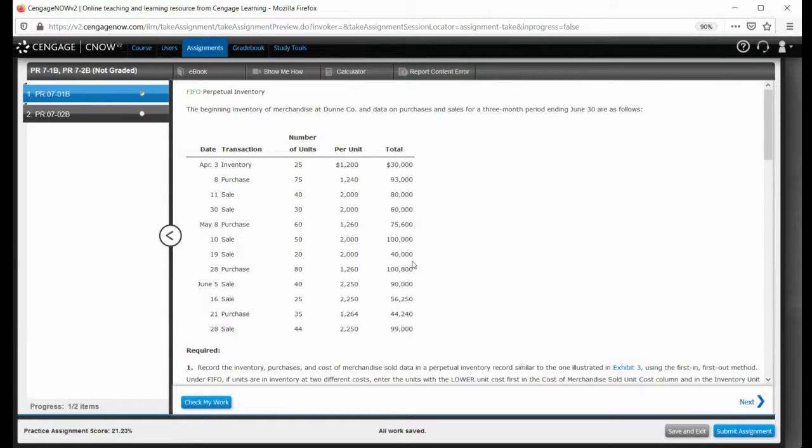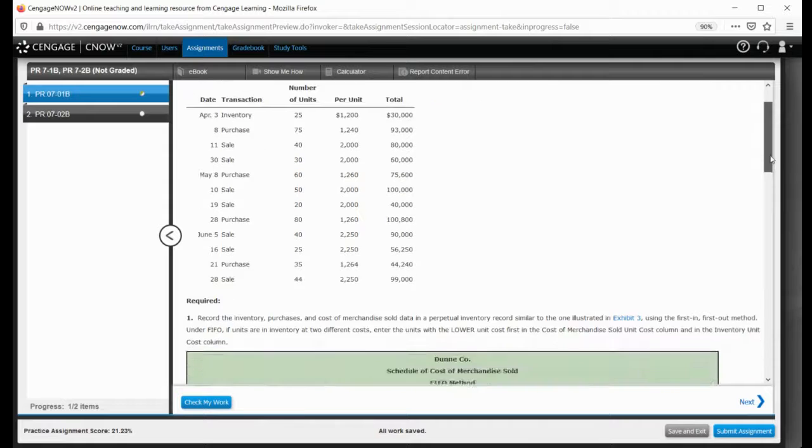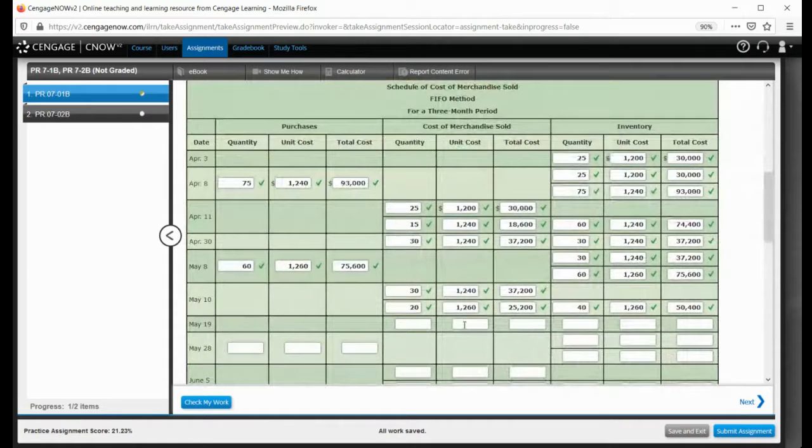In the journal, we will also need to create a second entry to record the cost of the merchandise sold. We find the cost of merchandise sold on the cost card. We sold 20 units. We sold 20 out of the 40 that we had in ending inventory. The cost of those units was $12.60. That came from the May 8th purchase.